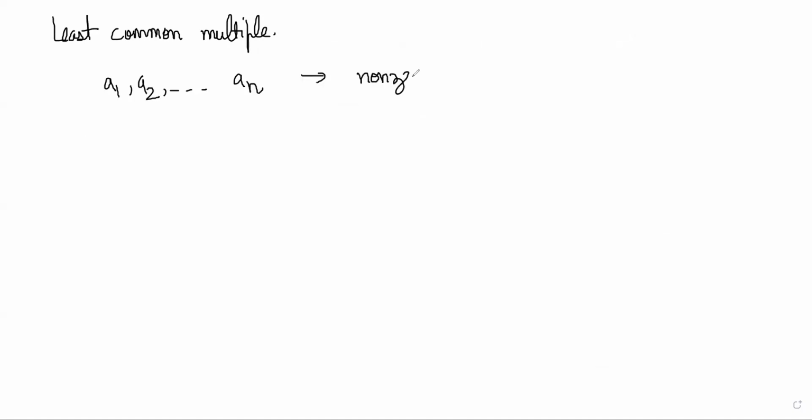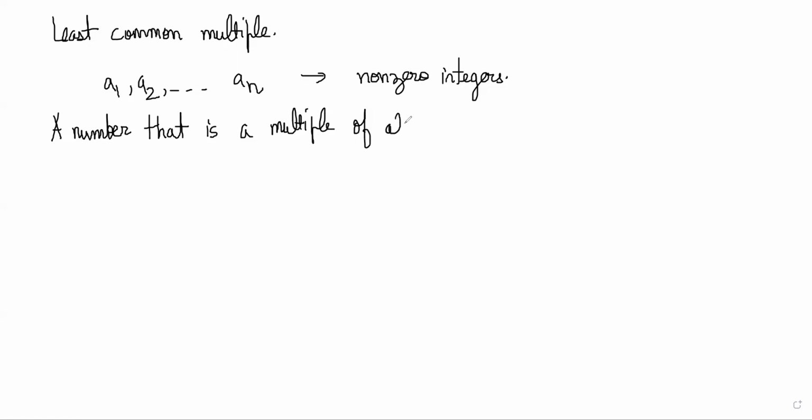Now we look at the idea of least common multiple. So what is the least common multiple? If you have A1, A2, up to AN, non-zero integers, a number that is a multiple of all of these AIs is known as a common multiple.